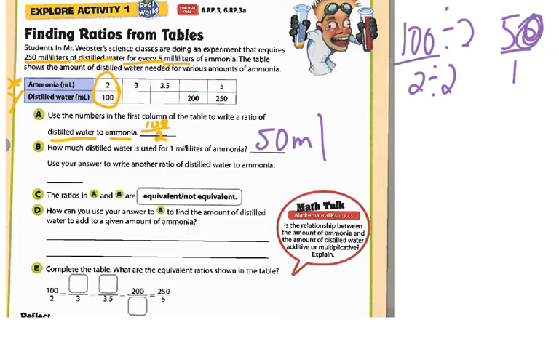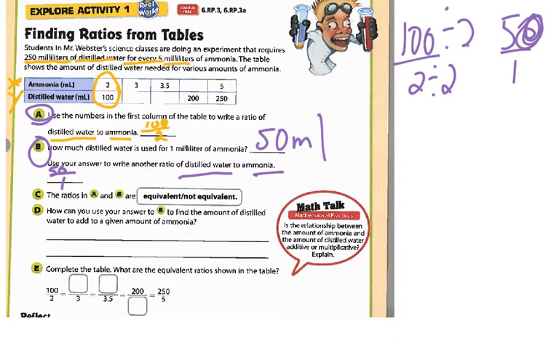So it's 50 milliliters. Then they want us to use our answer to write another ratio of distilled water to ammonia. So those are my words. That is going to be 50 over 1, 50 to 1. Okay? So the ratios in A and B are equivalent ratios.